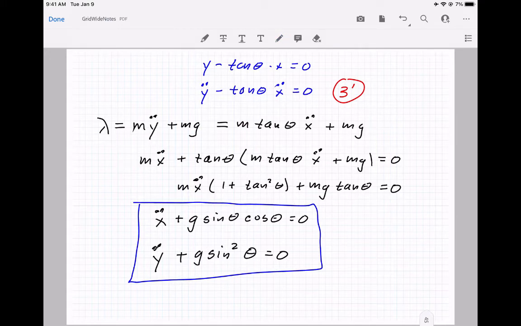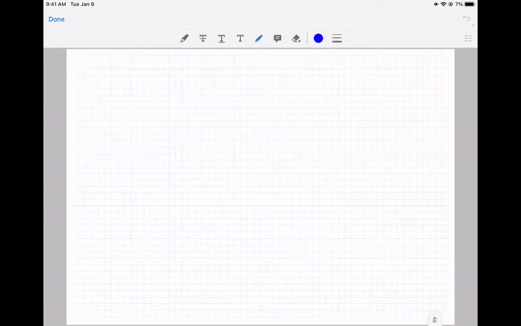Let's pull in the generalized forces. And so that's going to be qx. And I'm just reading off the previous equation for lambda, okay? So it's going to be lambda times df dq, or df dx and then df dy. And so qx is going to be minus m y double dot plus mg times tan theta.